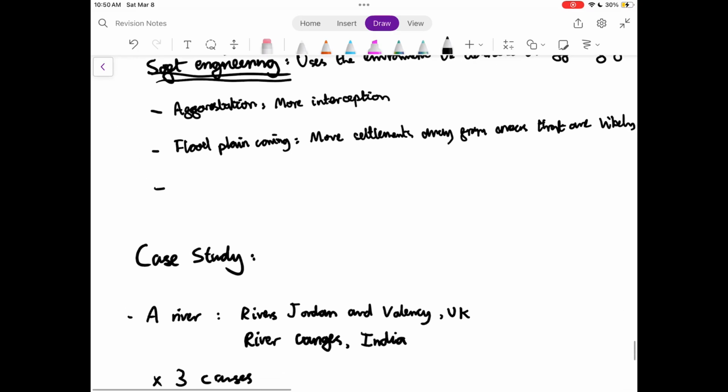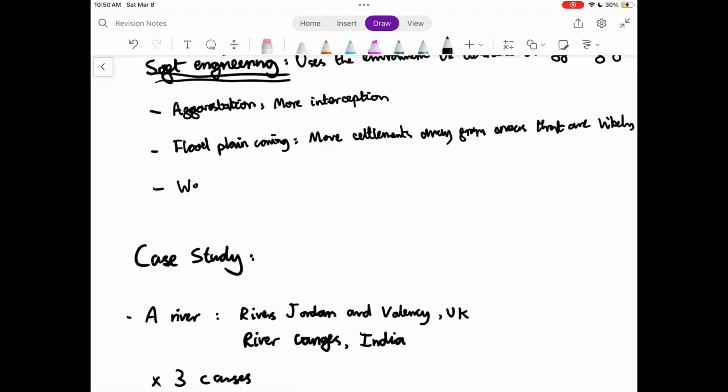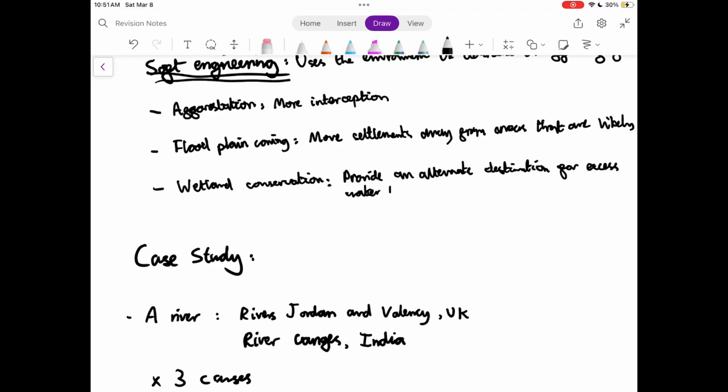And finally, what you can do is wetland conservation. And this is quite similar to floodplain zoning actually. So these areas provide an alternate destination for excess water to flood.